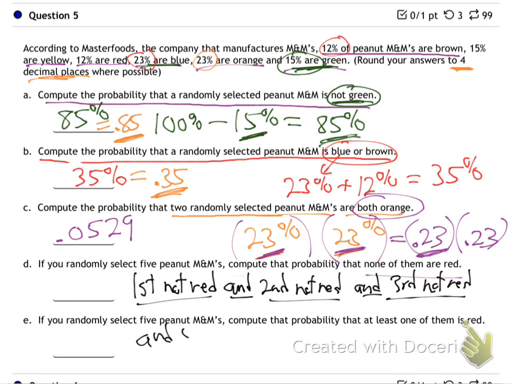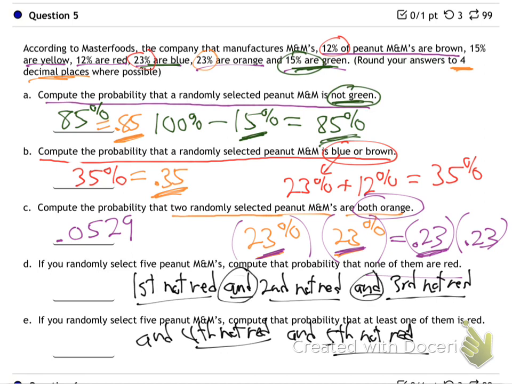And the fourth, not red. And the fifth, not red. That means none are red. Right? If the first is not red, and the second, and the third, and the fourth, and the fifth are not red, that means none of the five were red. So there it is with "and".